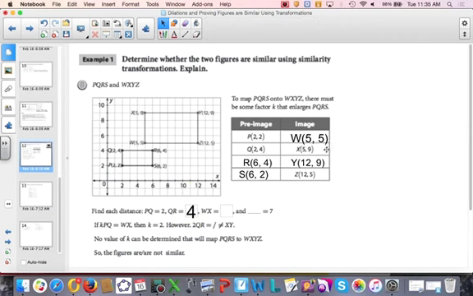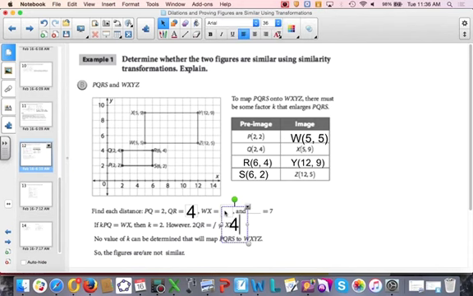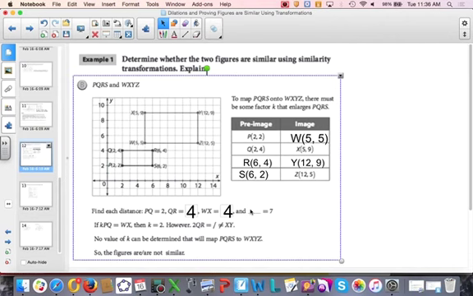WX is 4 units long, and XY is 7 units long.